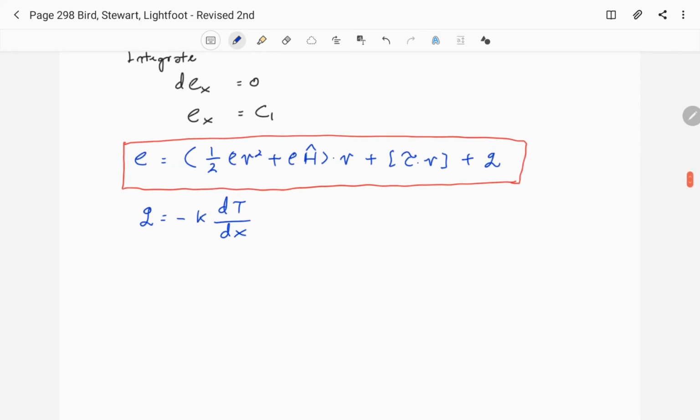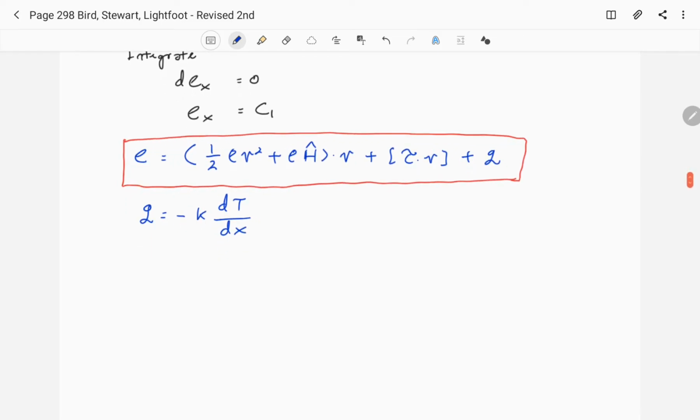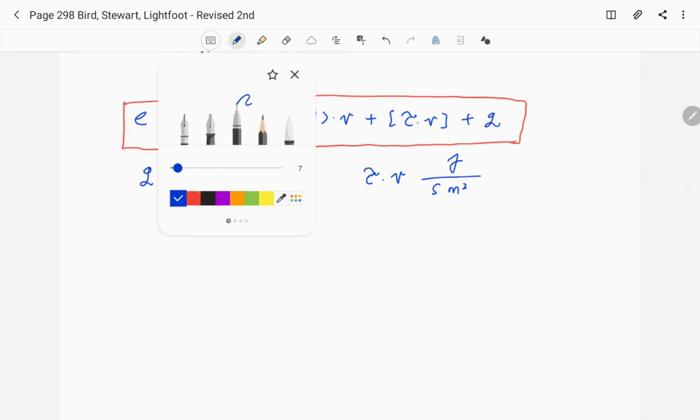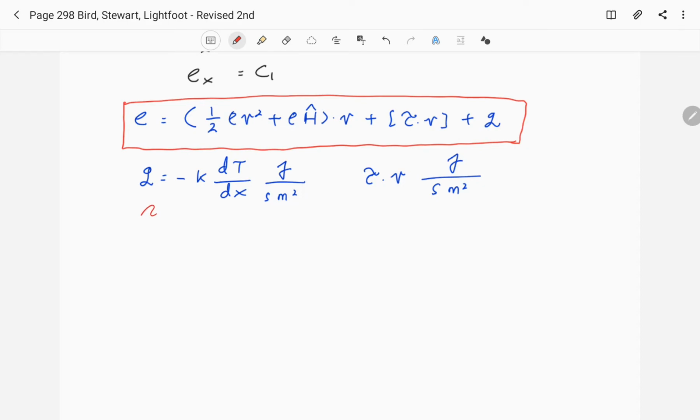q in here is actually coming from your heat conduction, and it should have a unit of joule per second meter square, whereas your shear stress multiplied by your velocity should also have the same unit as well. Okay, now we check the one on the left hand side.